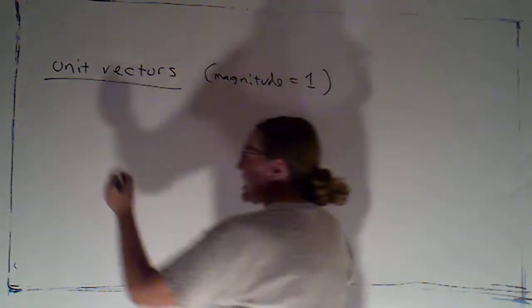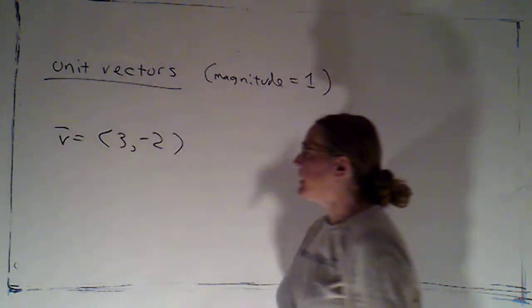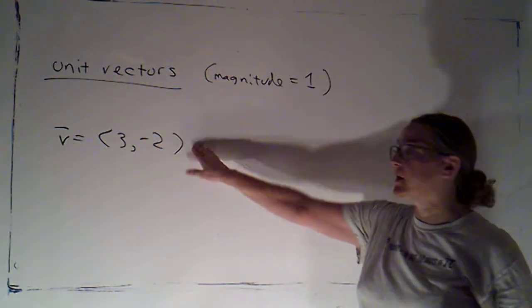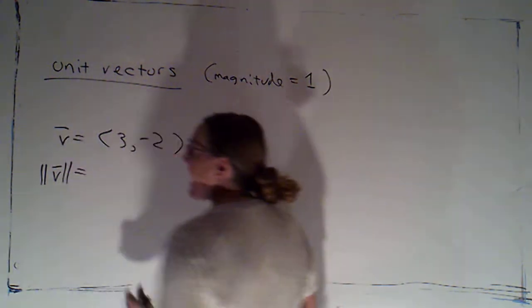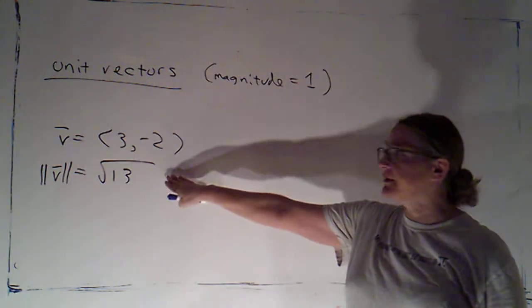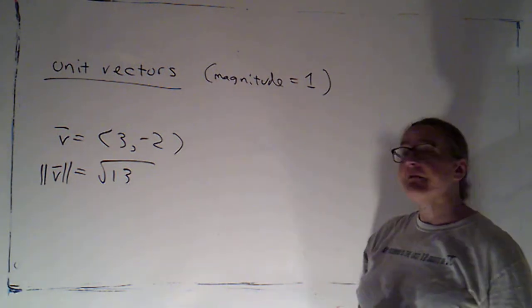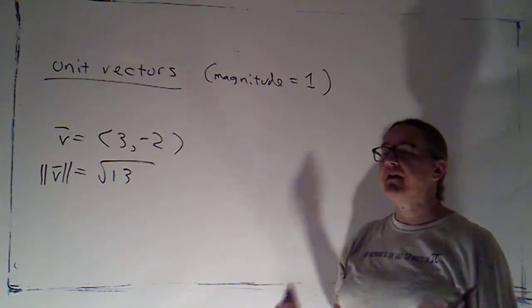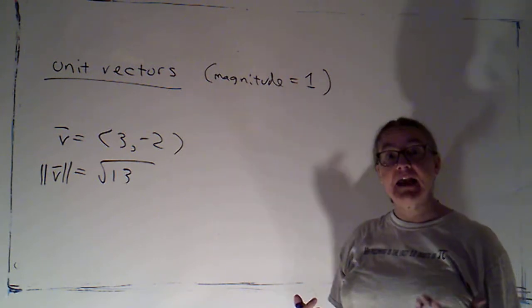Now, let's suppose I have this vector 3, -2. Now that has a magnitude and a direction. We actually just calculated that the magnitude of v was the square root of 13. So this is clearly not a unit vector. But if I wanted to have a unit vector that pointed in the same direction, I could create one.